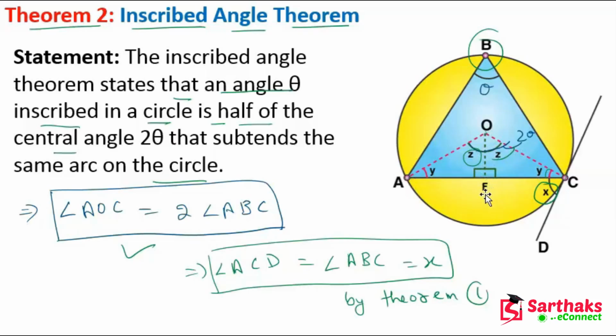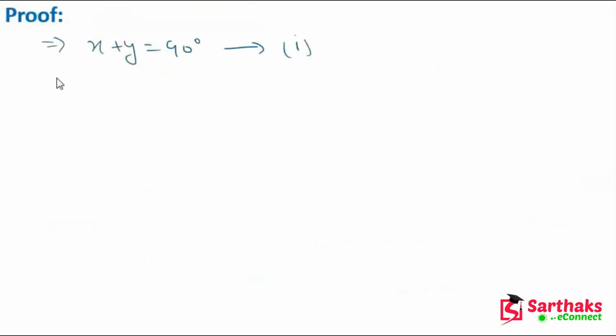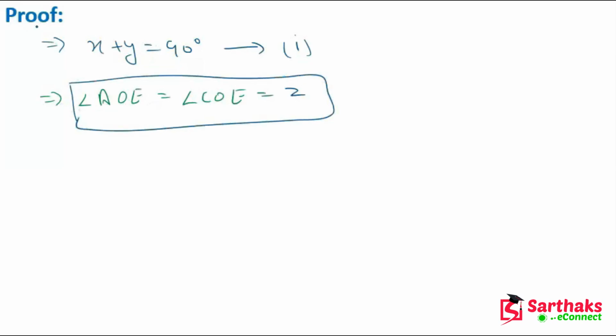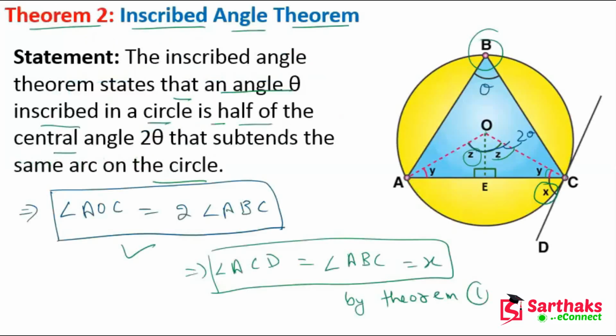So we have angle AOE is equal to angle COE is equal to Z. So now in triangle COE, we can see that angle Z plus angle Y plus this angle, which is 90 degrees, is equal to 180 degrees by the angle sum property.